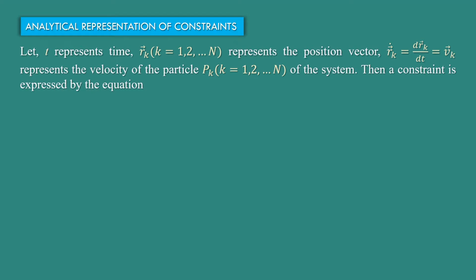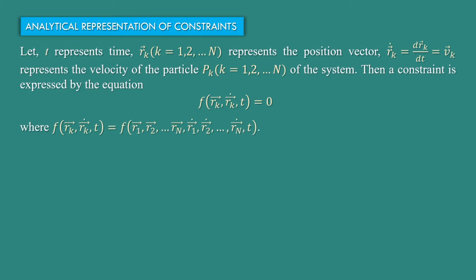Then a constraint is expressed by the equation f of rk, rk dot, t equal to 0, where f of rk, rk dot, t is equal to f of r1, r2 up to rn, r1 dot, r2 dot up to rn dot, t. That means k varies from 1 to n. So rk is replaced by r1, r2, rn, and rk dot is replaced by r1 dot, r2 dot, and rn dot.